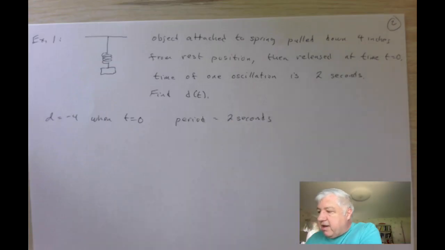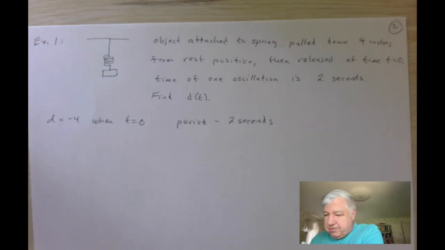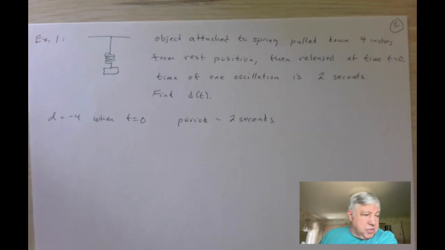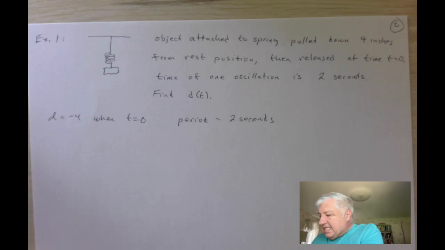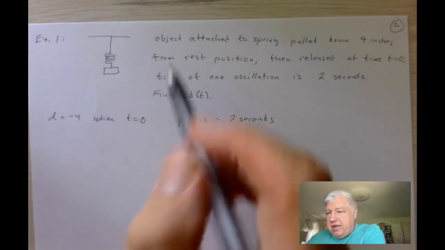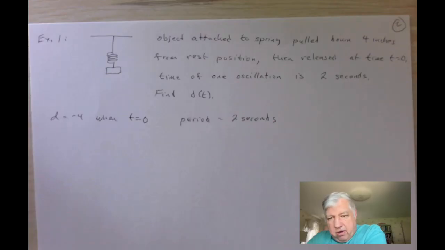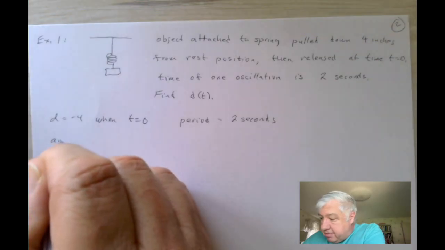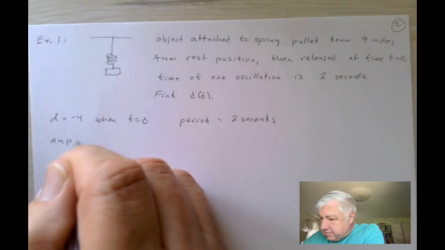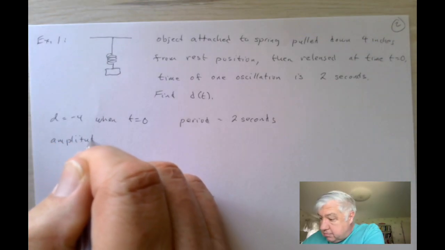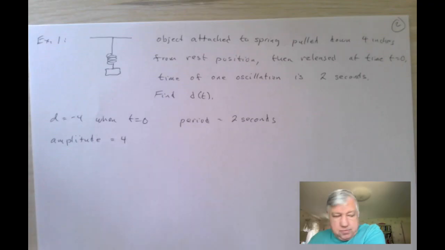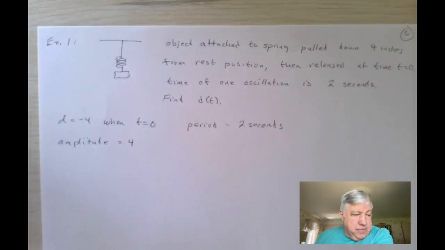We have to be a little careful of our units too: the distance is going to be in inches. This spring will be bouncing up and down, always within 4 inches of its rest position, so the amplitude is 4.